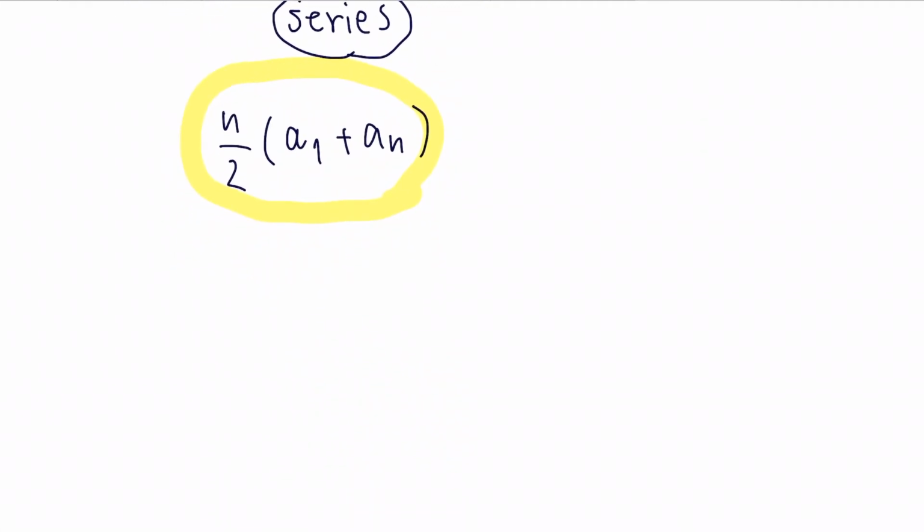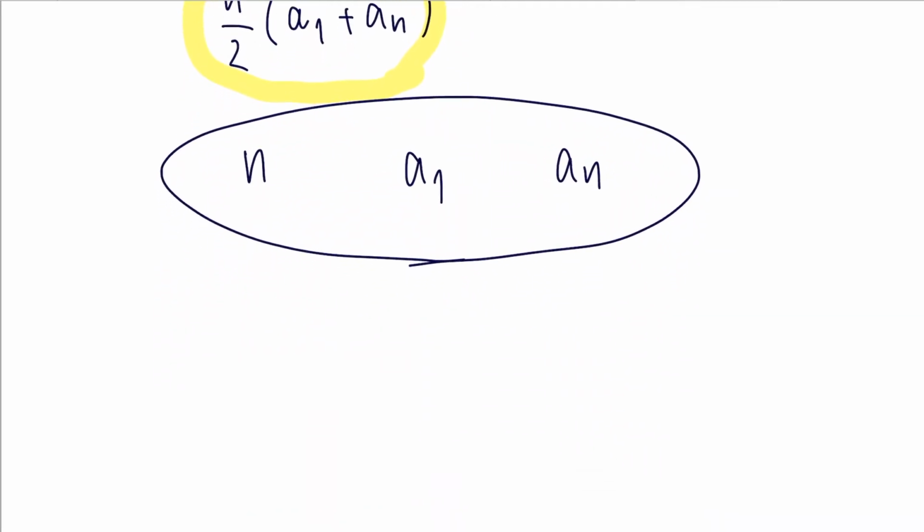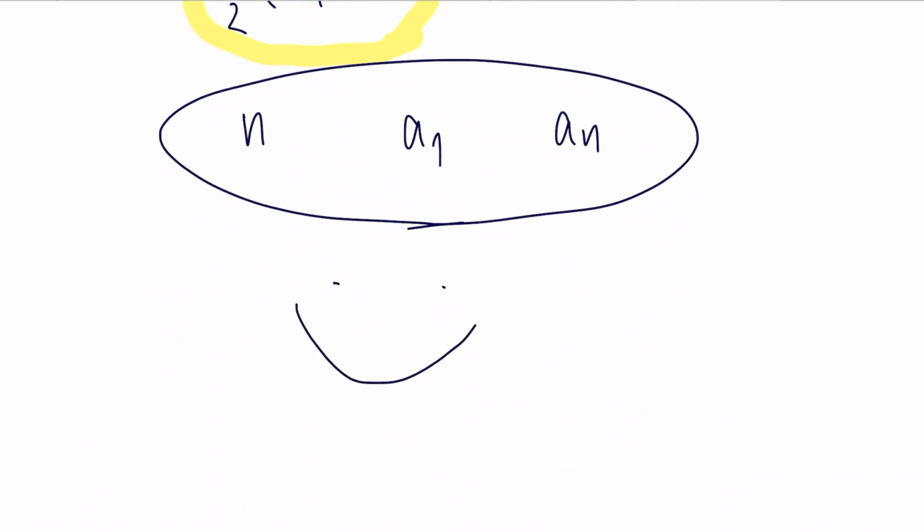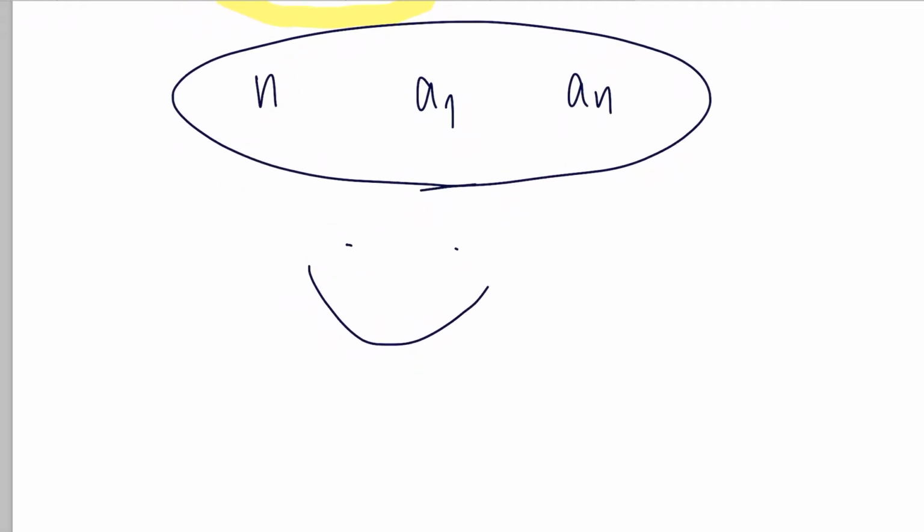However, there's something that you need to be concerned about: the index number, the first term, and the term of your index number. If you have all of these factors, you'll be able to find the sum of every sequence in the world. For instance, 3 plus 7 plus 11 plus 15 all the way to 99.